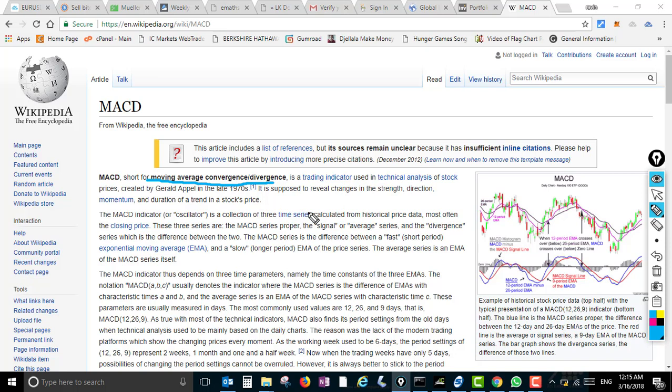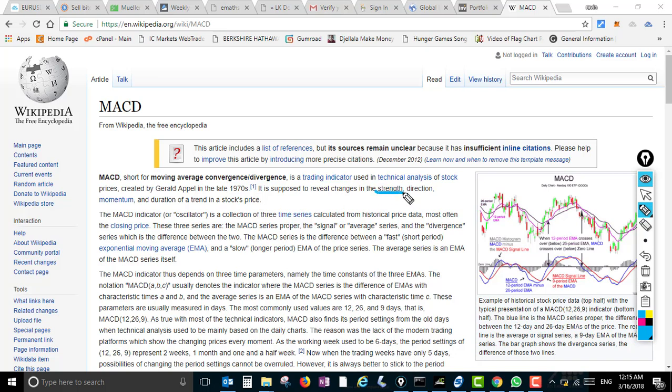It was created by Gerald Appel in the late 1970s, and it is supposed to reveal changes in the strength, direction, momentum, and duration of a trend in a stock's price. Here, very important: strength, direction, momentum, and duration of a trend. These are the major outcomes we can get from MACD.